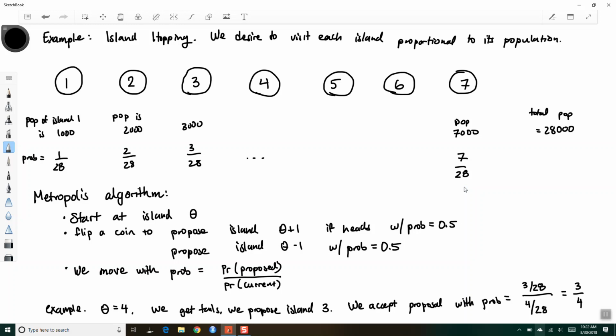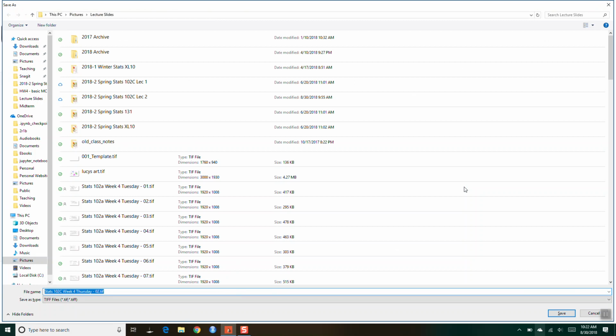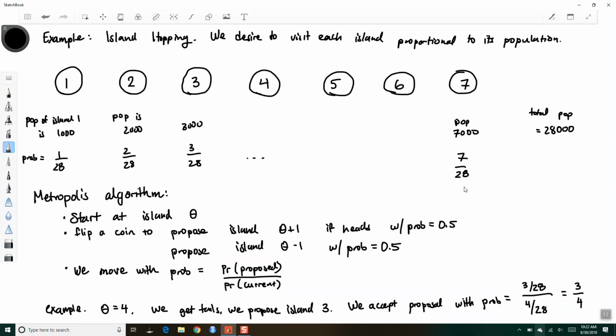And it turns out that's okay because we can ignore it here. I'll write this out a little bit. I guess we can explore that concept a little bit later, but it'll come up again. Okay, so we'll accept this with probability 3/4. So we'll go there, okay, or not.